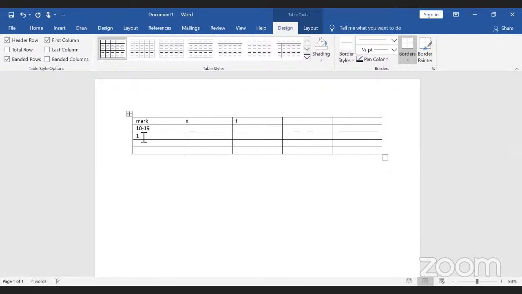Then we have, not 19, but now 20, 20 to 29. Then we take another class, let's say 30 through 39. Then we take another class 40 through 49. Maybe we can work with those 4 classes.